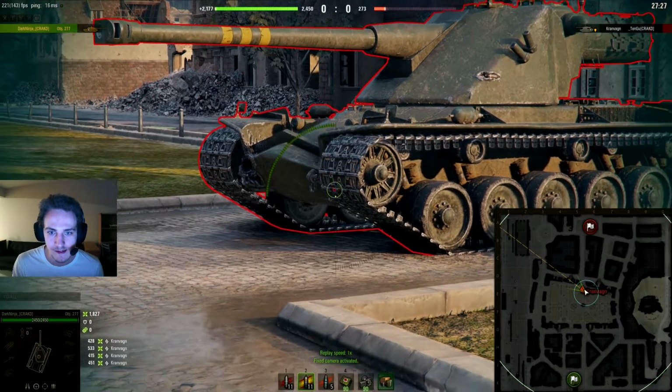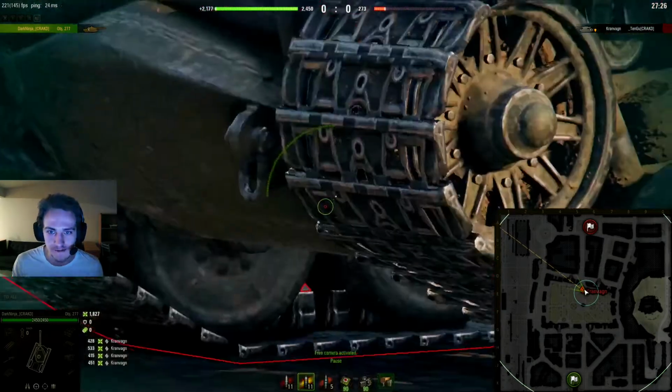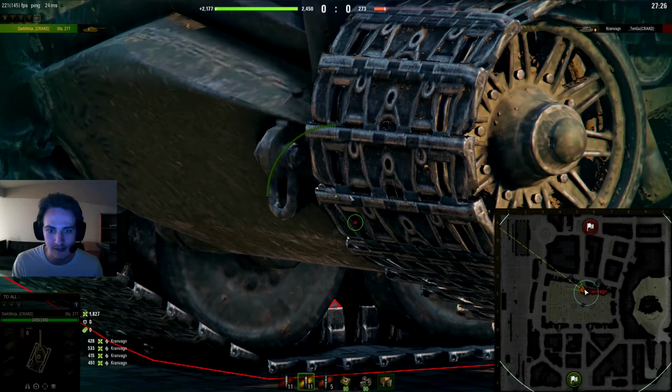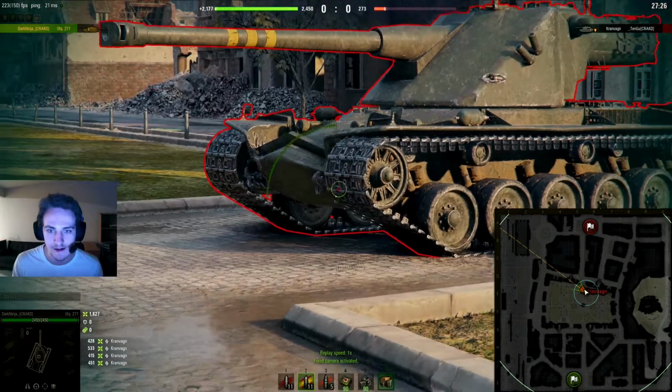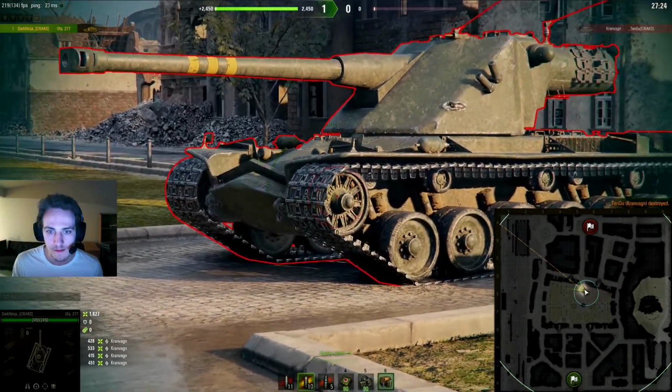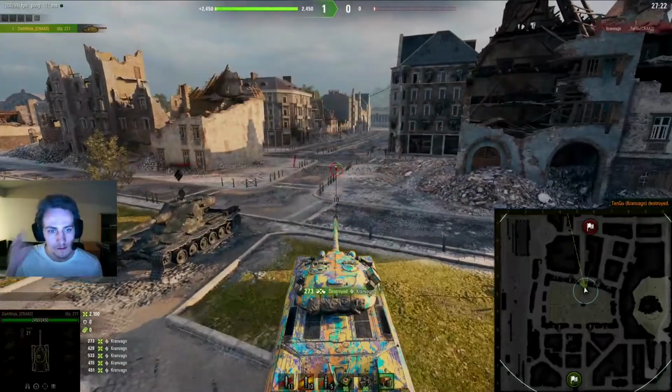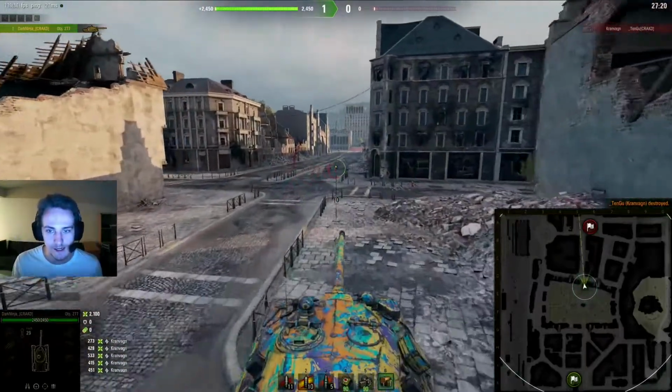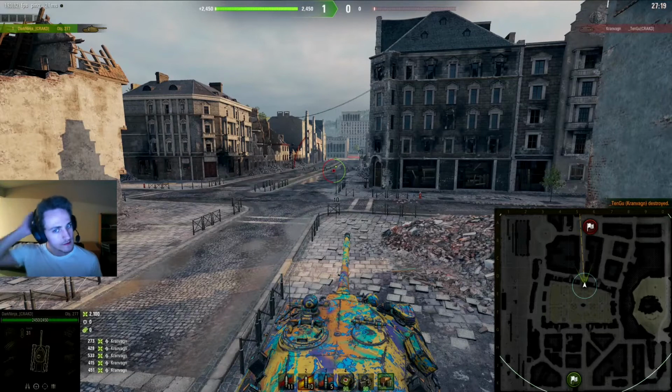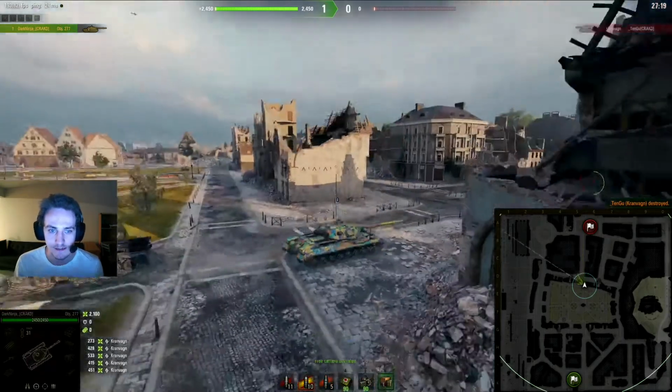So here it's green, but if I aim at the very edge of the track, there's a lot of distance between the edge of the track and the hull here, so it's red. But the Kron has pretty thin side armor, so it's really easy to both track it and deal damage with heat shells when you're shooting at its side.